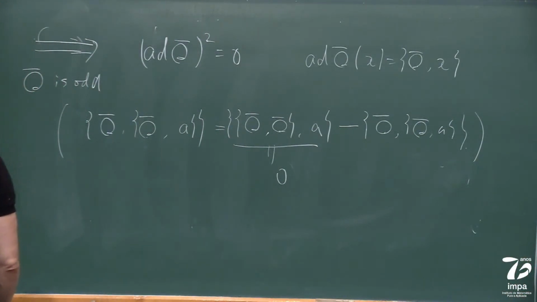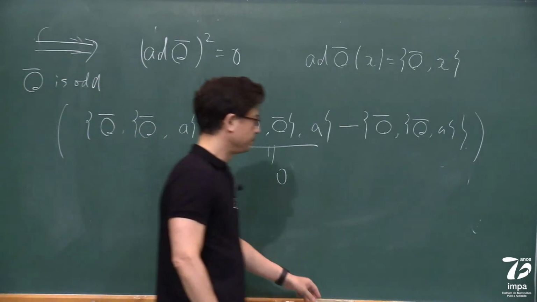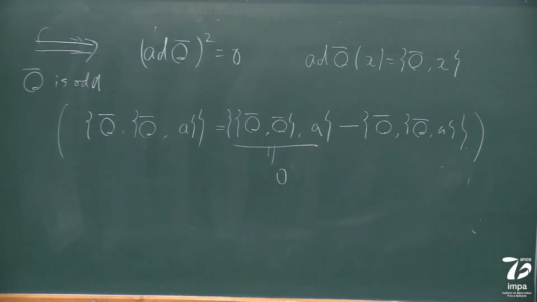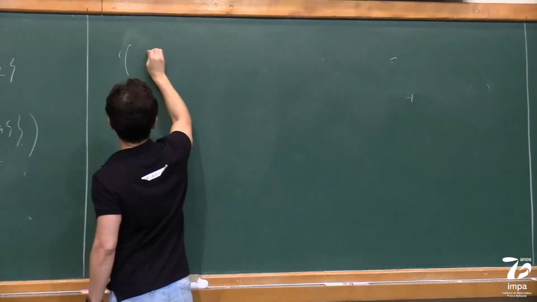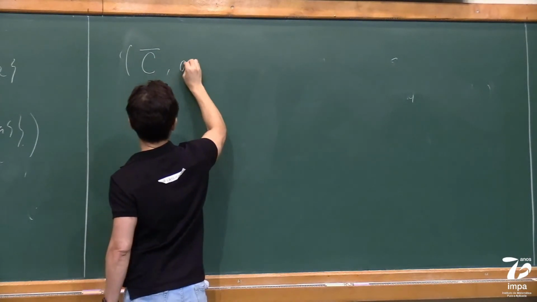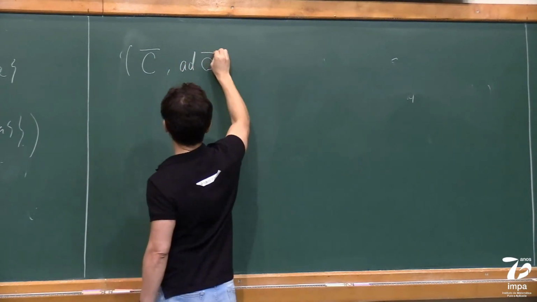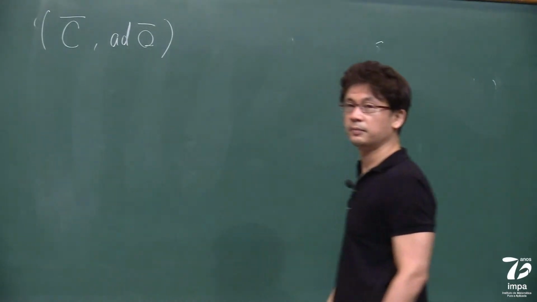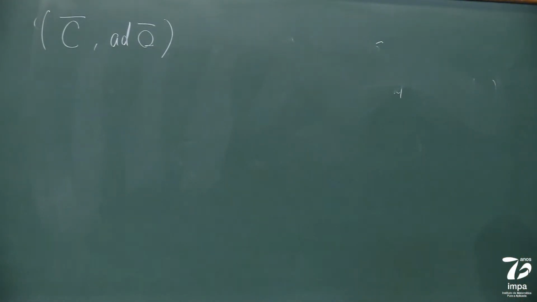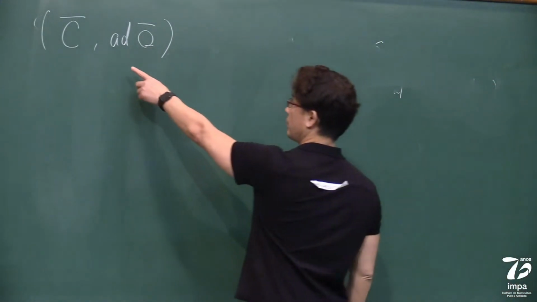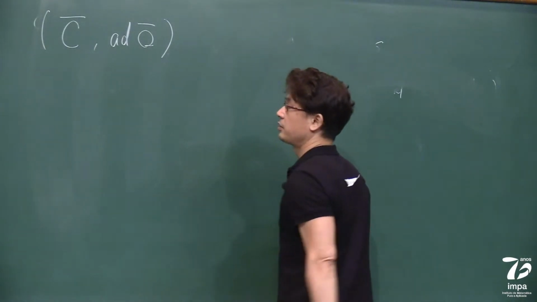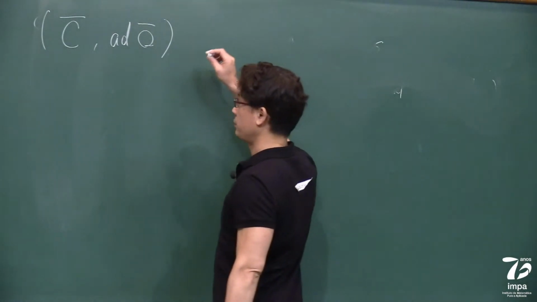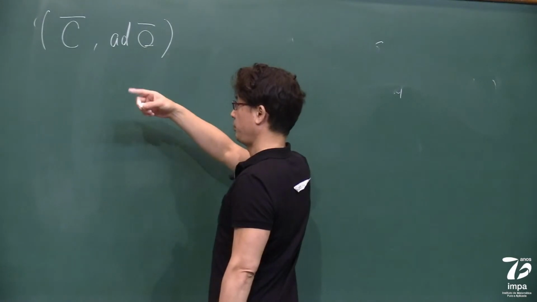So, because this one has degree 1, this has the structure of a complex. And in fact, because this is defined by the adjoint, the adjoint action is compatible with the Poisson algebra structure.